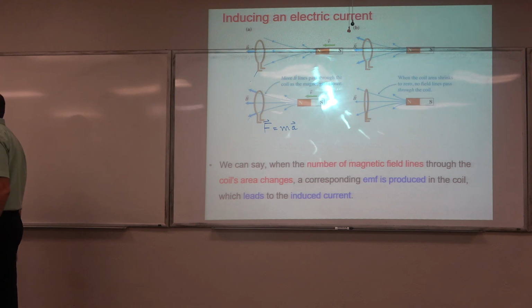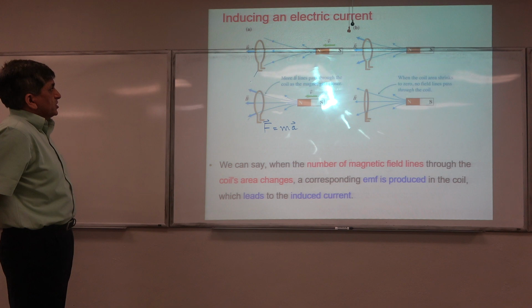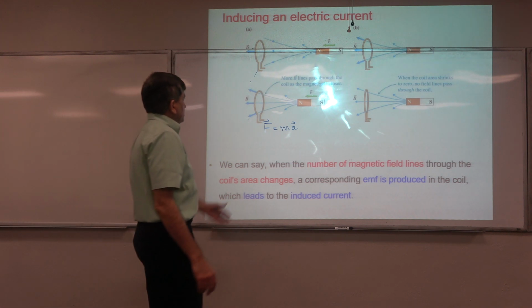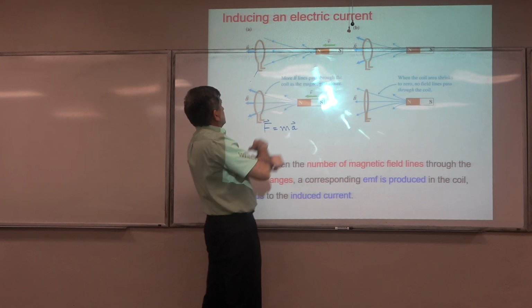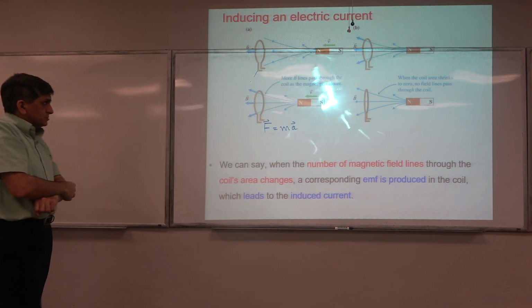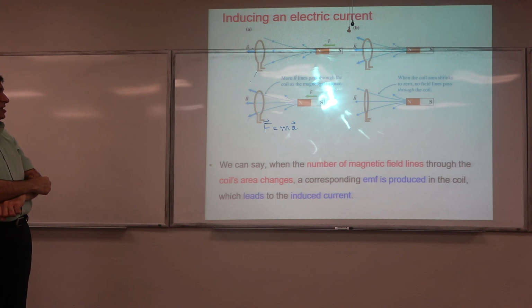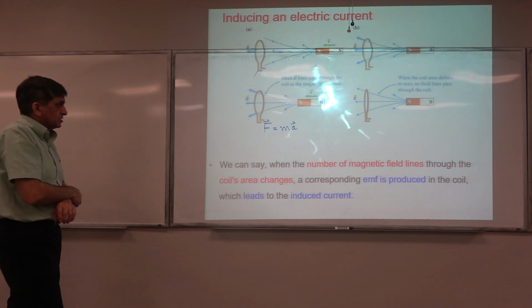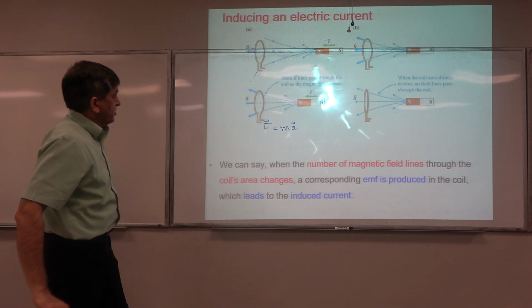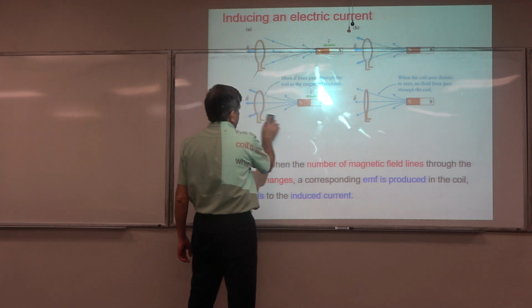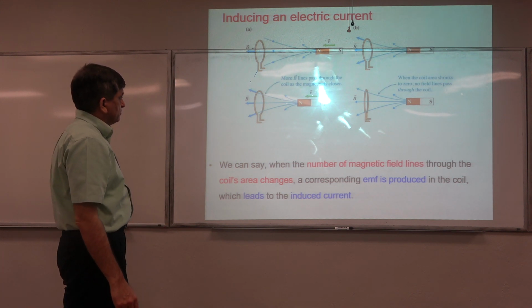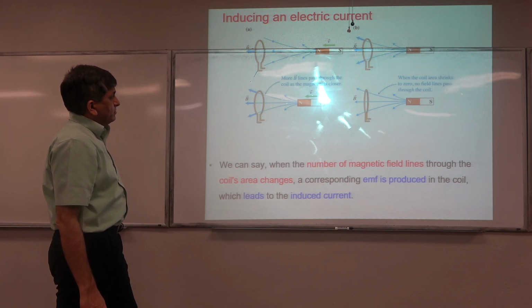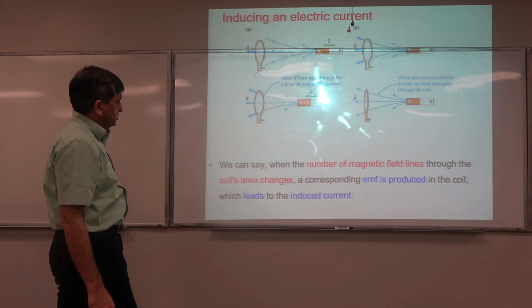Alright. So inducing the magnetic field, we learned how we can do that. I can simply take a conducting loop and move it close to the magnet, or away from the magnet, and I can induce the current. Or I can move the magnet towards the coil, or away from the coil, and induce an electric current in the conducting coil.